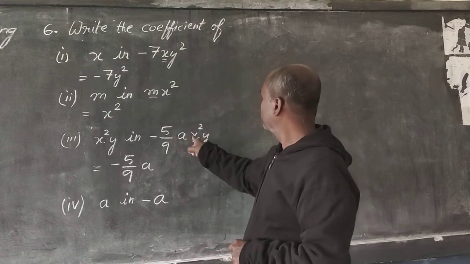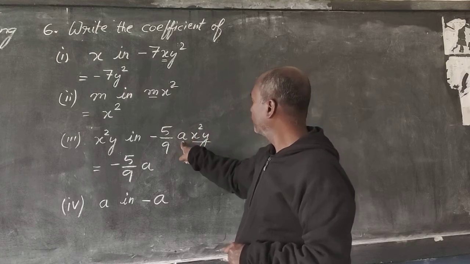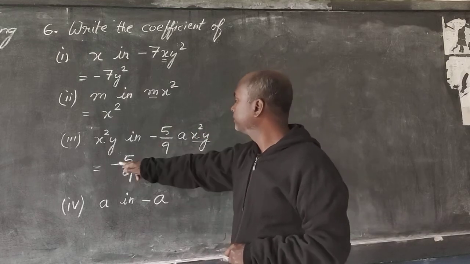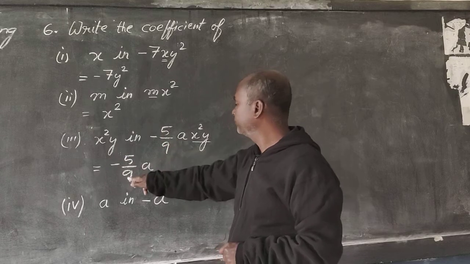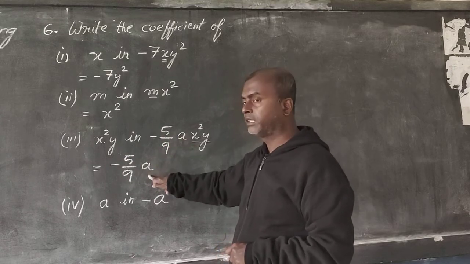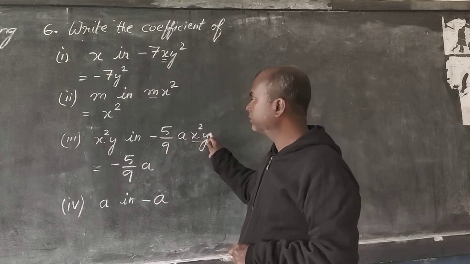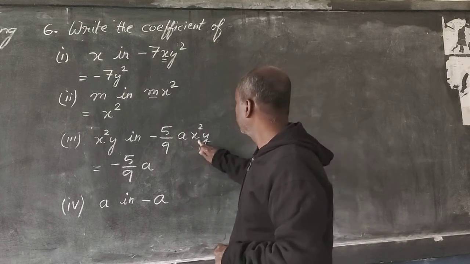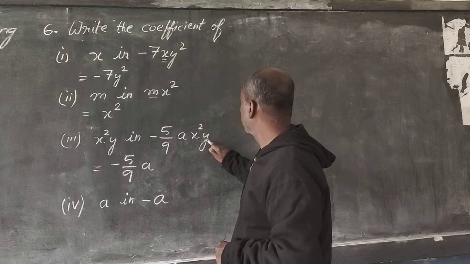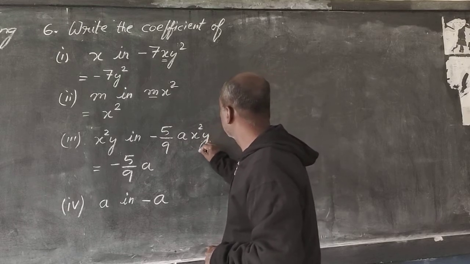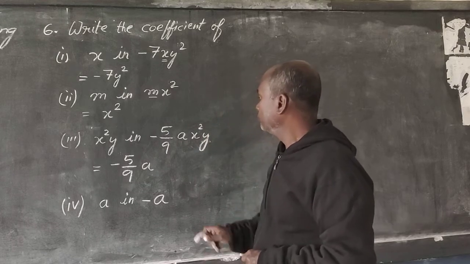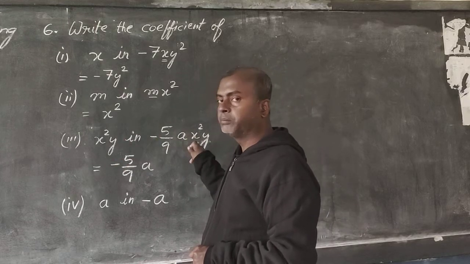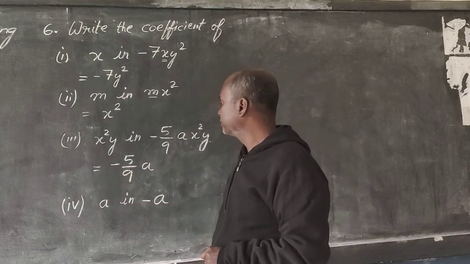You can check. Apart from x square y, what other terms do we have? Minus 5 by 9 a. We cannot write x square y because that's what they want the coefficient of. Alright, I hope you have understood. So the coefficient of x square y in this particular expression is this.